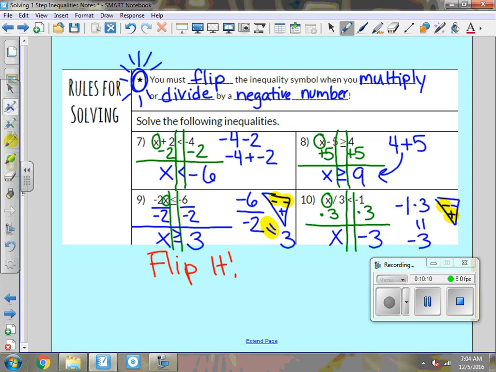Now I got to go back to that really special rule. I flip the inequality symbol when you multiply or divide by a negative number. I did multiply, but I multiplied by a positive 3. So I do not need to flip it. So I'm still going to use less than, and make yourself a note: no flip here, because it was a positive 3.